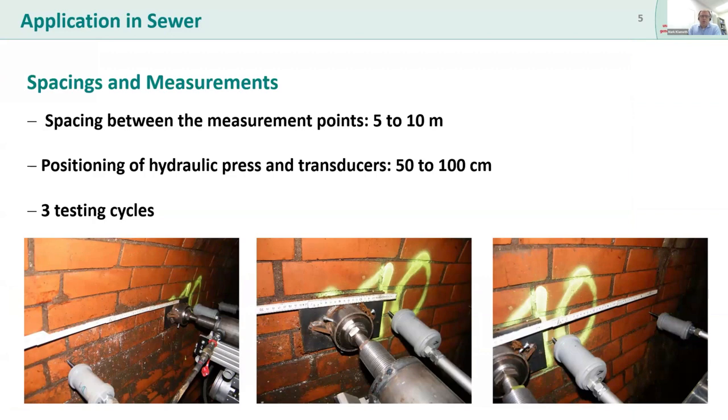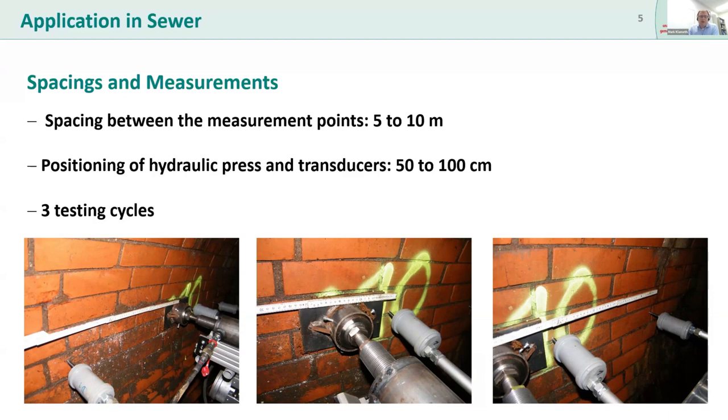How do you proceed in the sewer? Well, you choose a certain pattern of spaces where you apply the system. This is usually every 5 to 10 meters in the sewer, depending on the condition of the sewer, of course, and you position the transducers in a certain pattern around the press, like 50 to 100 centimeters, to detect the displacements.